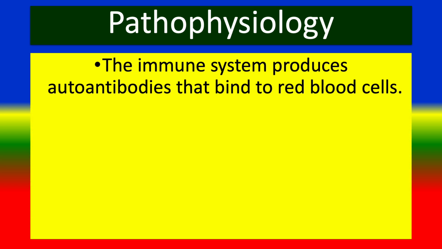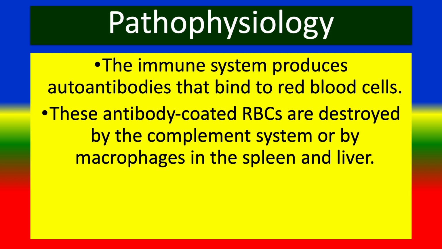Pathophysiology: the immune system produces autoantibodies that bind to red blood cells. The autoantibody coated RBCs are destroyed by the complement system or by macrophages in the spleen and liver.